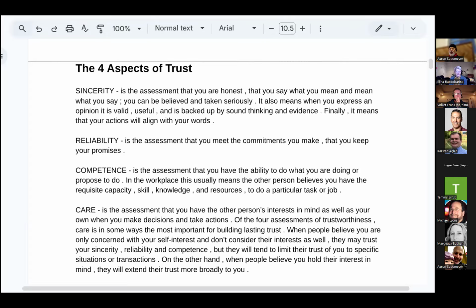Of these 4, what questions or comments do you have about them? Well, I was surprised that "you can be believed and taken seriously" is under sincerity. Oh, just the wording? Yeah, that's not where I would put it. I would put it under competence, that people believe and take you seriously because they believe you can do what you say you're going to do. But here it's put under sincerity, so I'm curious about that.